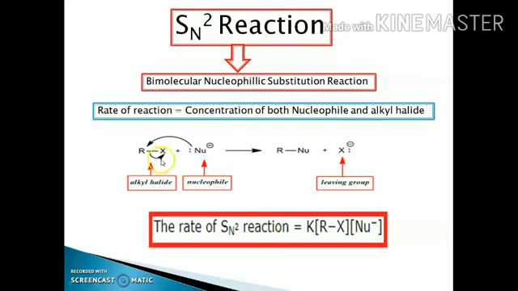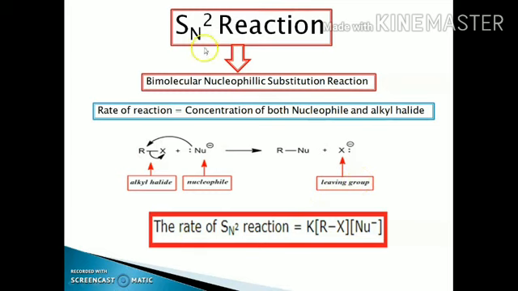See, this is the general equation for the nucleophilic substitution reaction. This is the alkyl halide, and here X acts as a leaving group, and this nucleophile helps to remove the leaving group and substitute it, giving the desired product, and X⁻ is removed from the alkyl group as a leaving group.